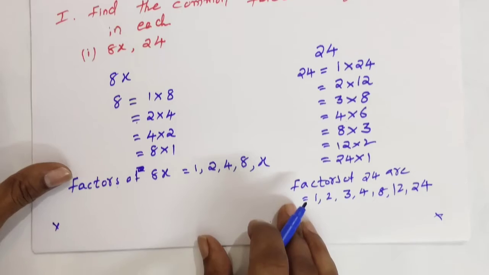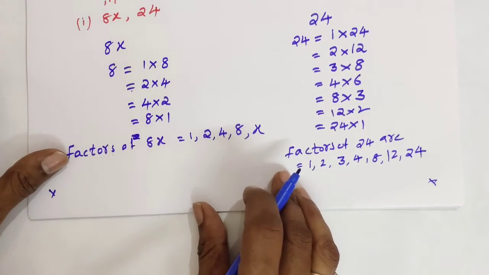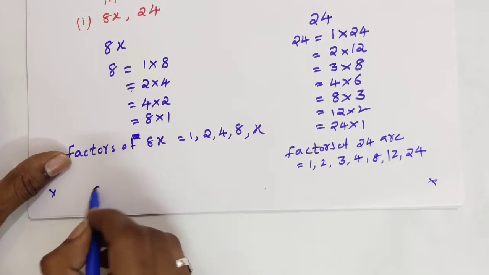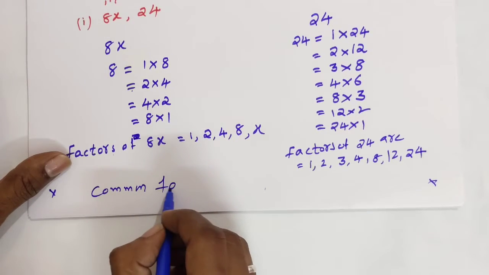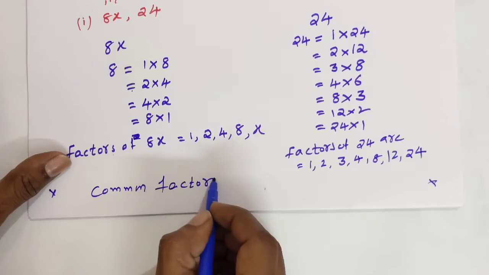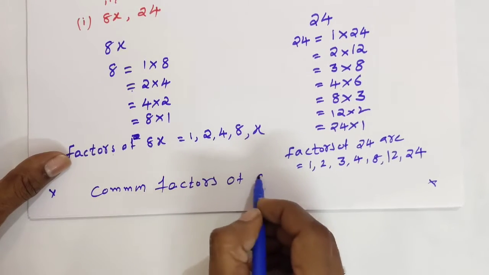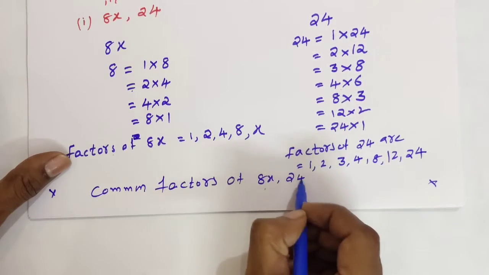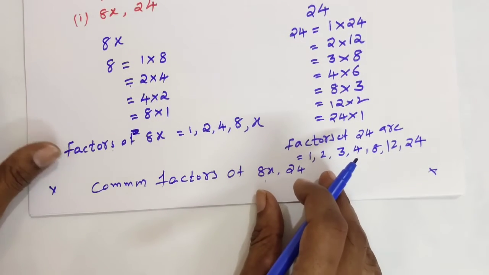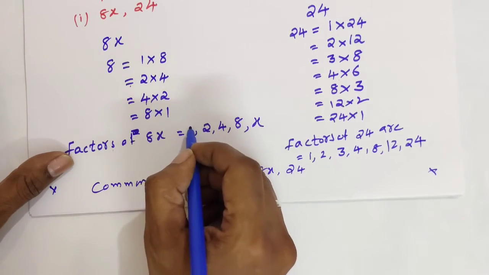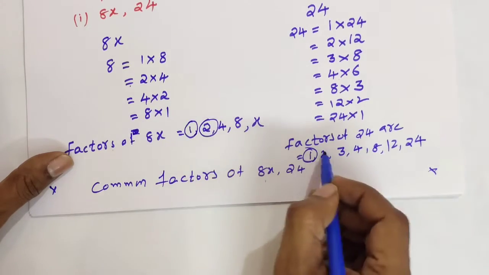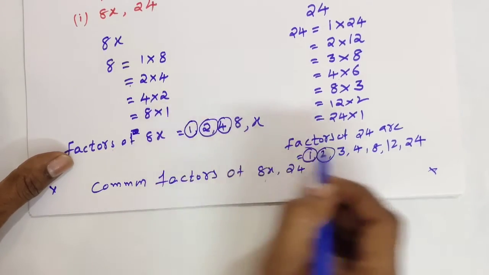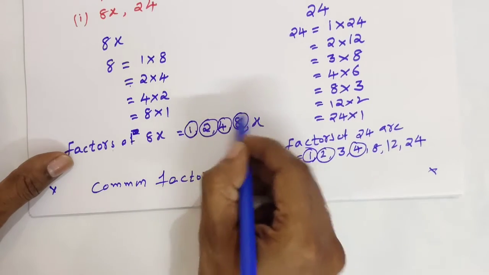But actually we need to write here the common factors. So common factors of 8x and 24. To identify them, simply we have to round up the common factors in both of these: we have 1, 2, 4 and then 8.